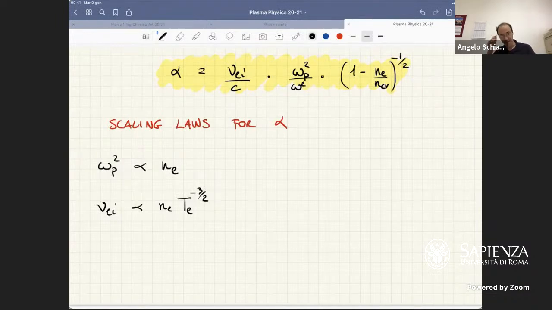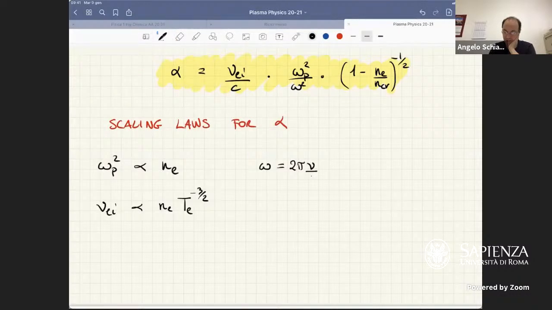See, now we are plugging in the scaling law in order to understand what is the scaling law for the alpha parameter. And then we have the relation that links omega to the wavelength of the laser. So omega is 2 pi nu. Pay attention that this is not the collision frequency, but it is the frequency of the laser.